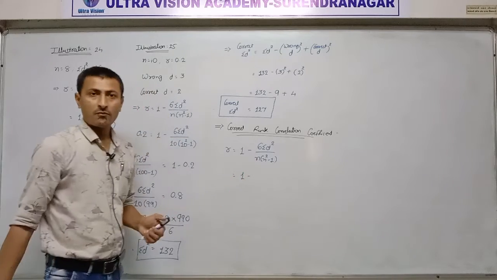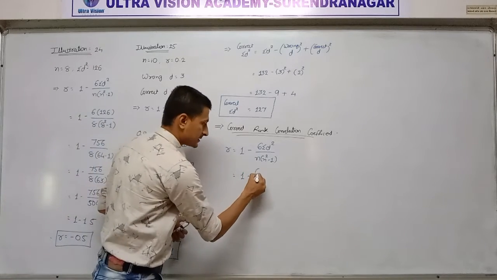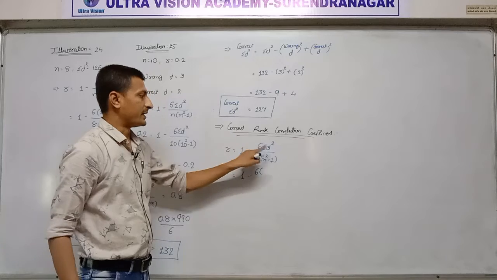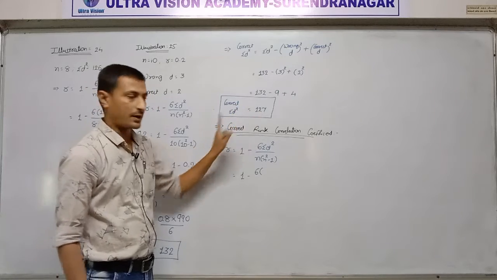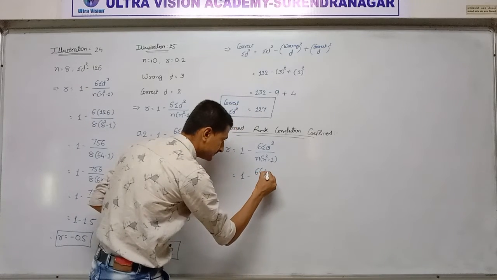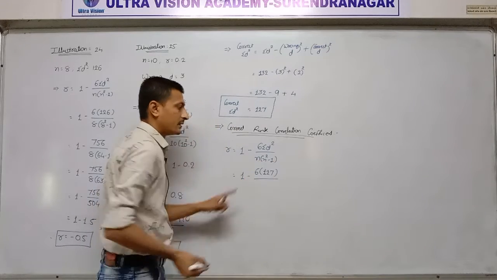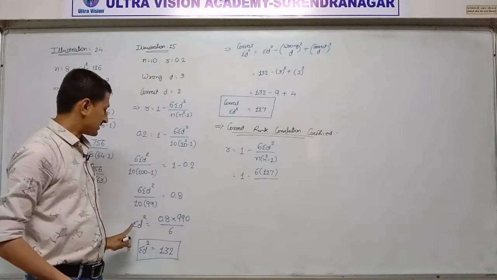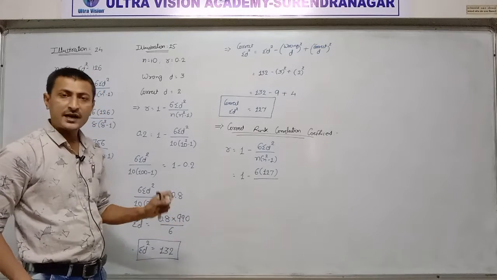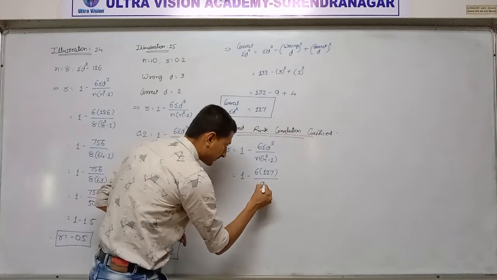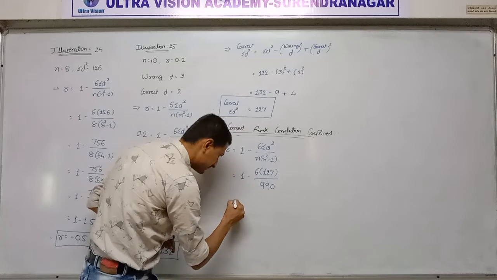Next step: 1 minus 6 into the correct value of sigma d square, 127, divided by n is 10 in bracket n square minus 1, so the value is 990. Directly write that, already found 990.